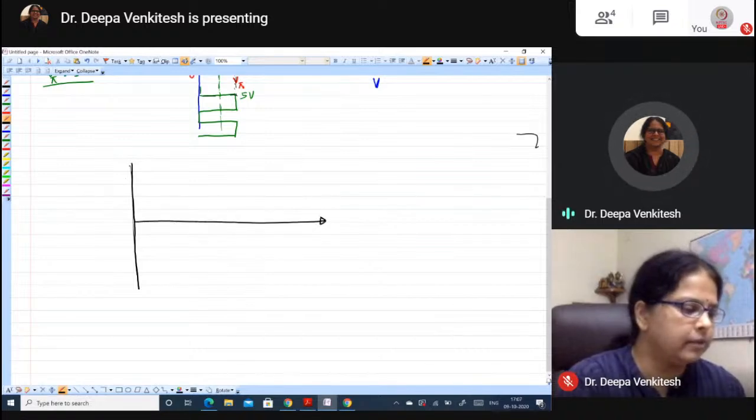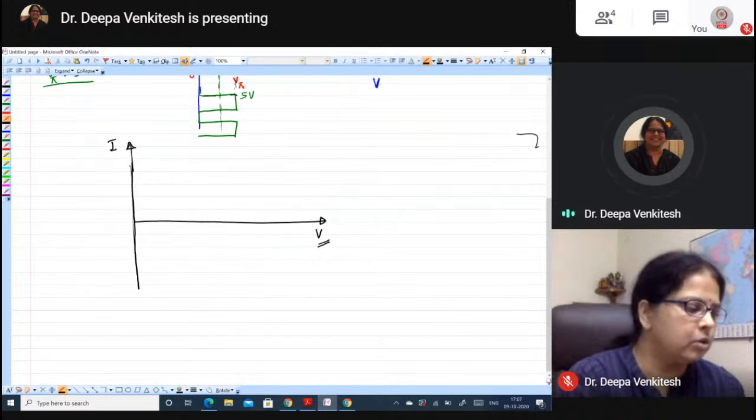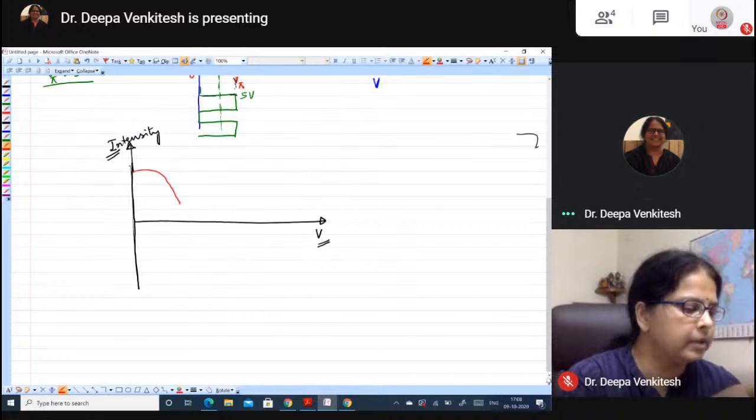This is your intensity, this is your voltage. It's called a transfer function because it's a transfer from voltage to optical intensity, not current. That's why it's called the transfer curve. Now, let's say this is the transfer curve.